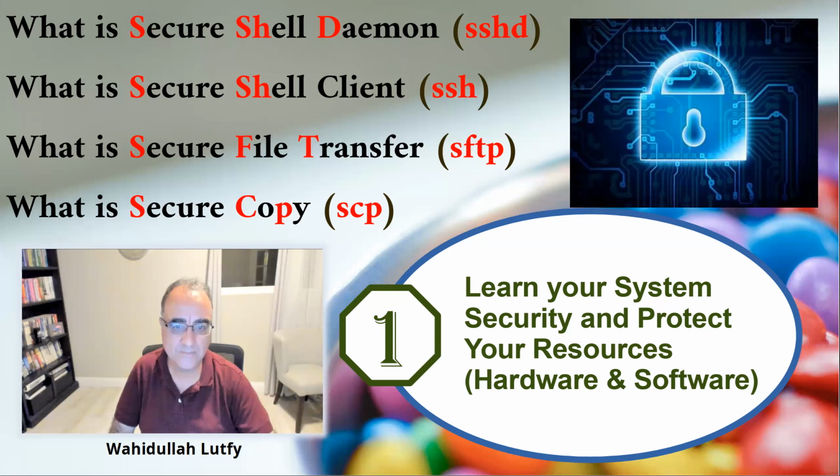So from one location to another location, they were using something called File Transfer Protocol, FTP. FTP was in clear text. It was not providing any kind of security or any kind of ciphering, and the text that was going there was clear text.